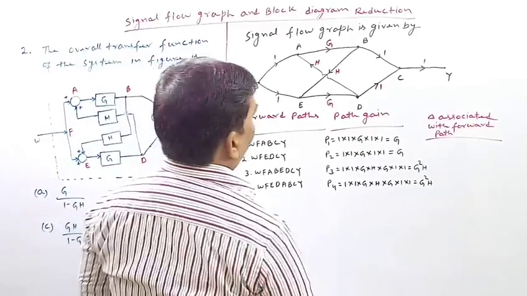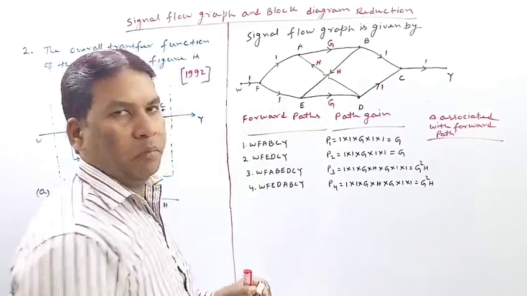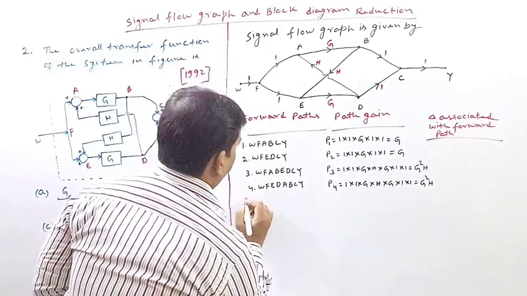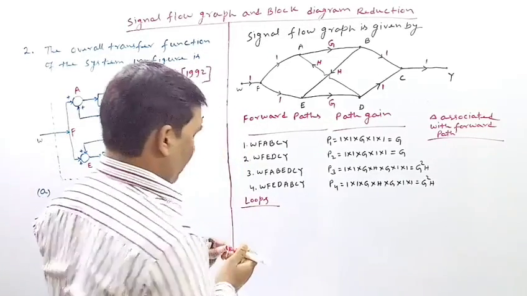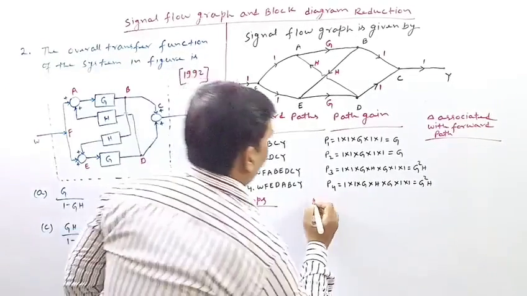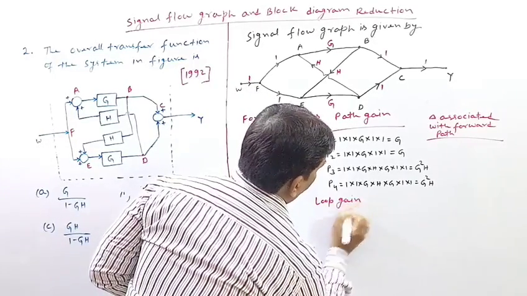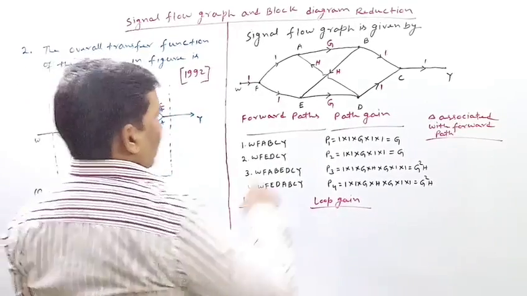Now let us see what are the loops for this signal flow graph. So let us write here loops, and here let us write loop gain.